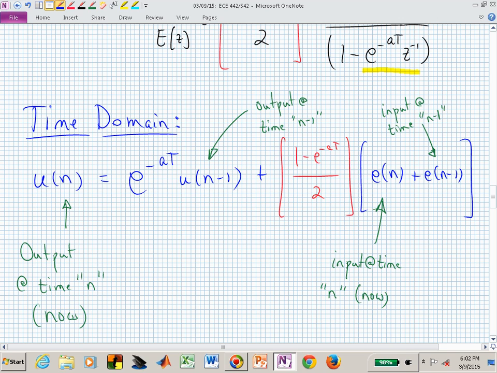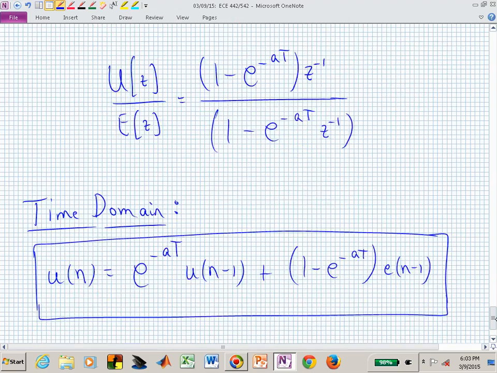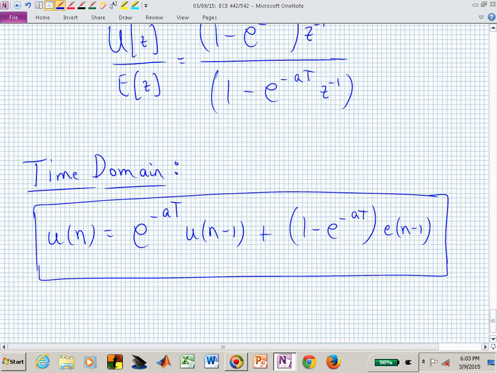In the blue box here, you're basically averaging the input now and the input one time step before and scaling it by 1 minus e to the minus at. In this modified version, where we do not have the input at the current time, we're not doing any averaging. We're just taking that input and scaling it by the same factor. We're not averaging it with previous or current values of the input.